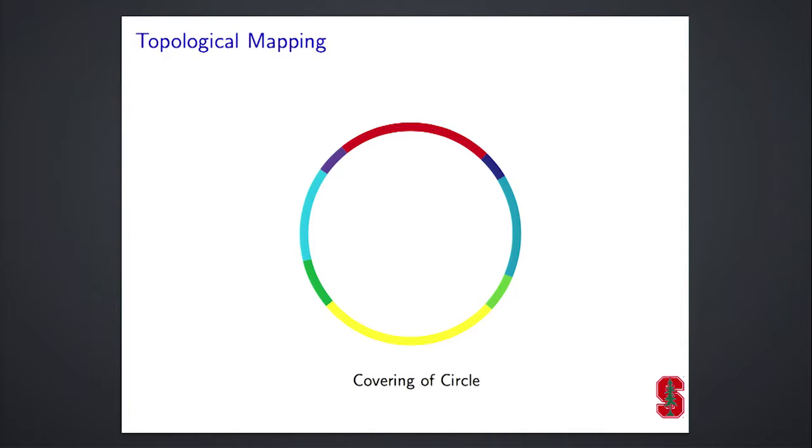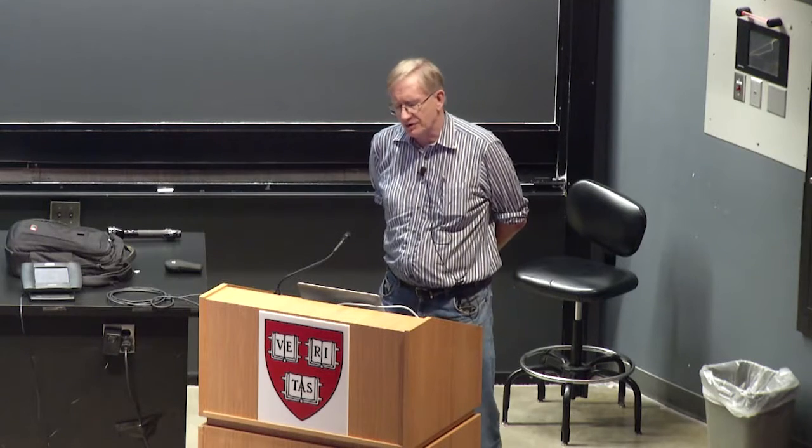So here's the schematic idea for how you represent or model shape, or a circle, or one version of it. We have the circle, but we also have some data about it. Namely, we have a covering by 3 sets: a red set, a blue set, and a yellow set. The blue set breaks up into 2 connected components, and the red and the yellow are single connected components. So a strategy for building one of these compressed representations goes as follows.